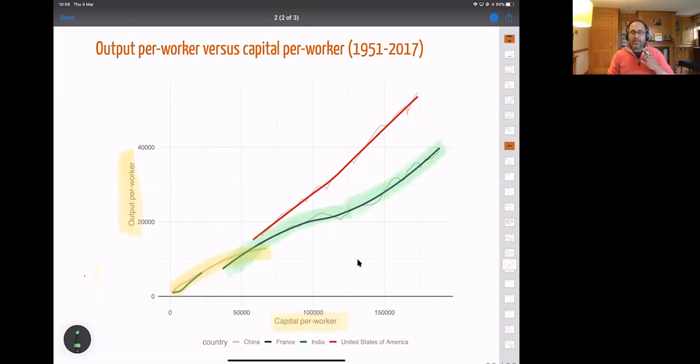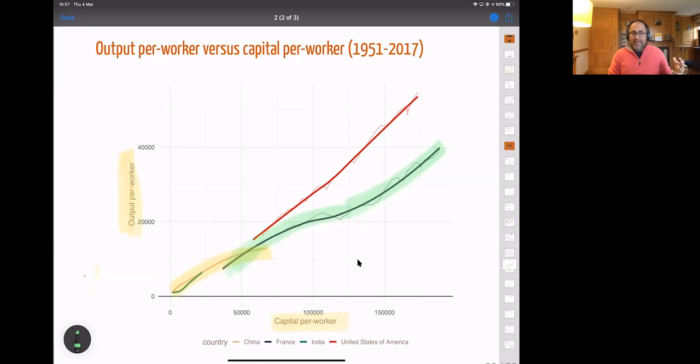It kind of bucks the trend. So in the early phase, as it accumulates capital in the 1950s, 60s, and 70s, there's diminishing returns to capital, but it bucks the trend. And the reason it bucks the trend is because it starts developing ideas that start propagating.